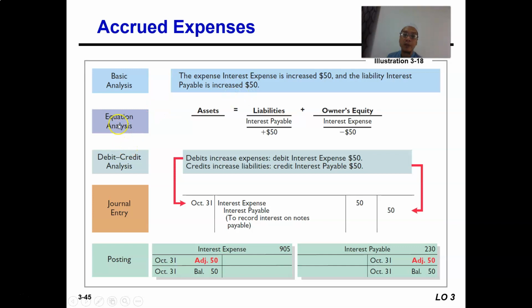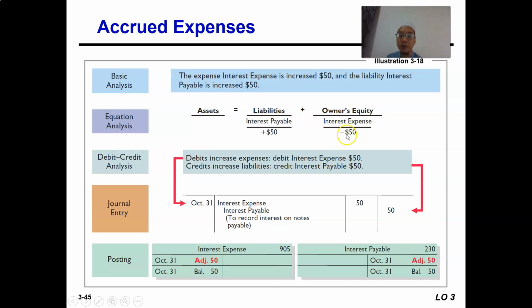Liquidation analysis: we want to increase our interest payable. Therefore, we add to our liability. And because it is an expense, an expense will reduce owner's equity.